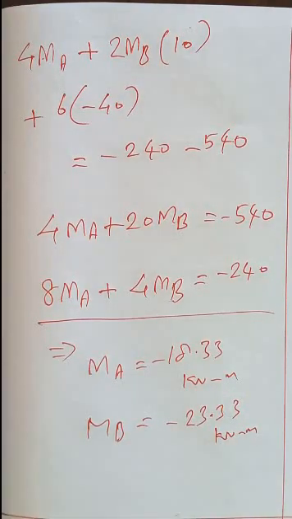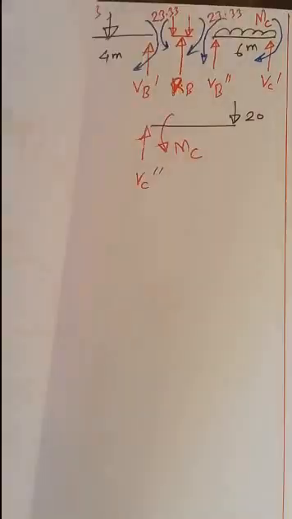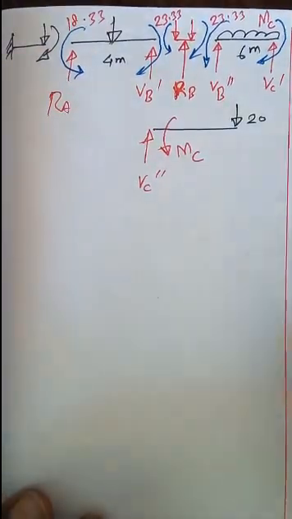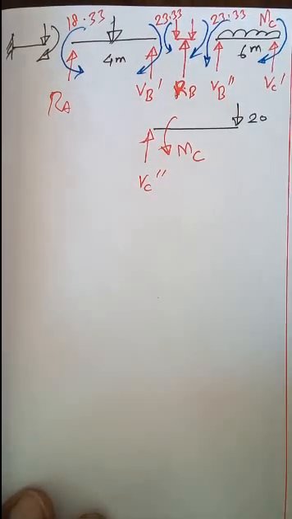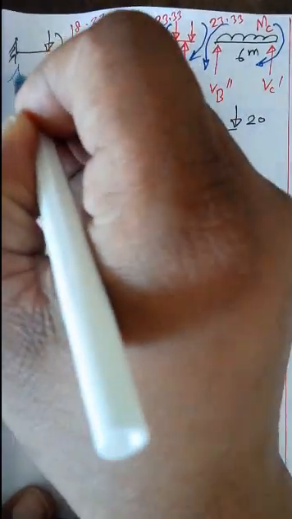Once you are done with the support moments, then we have to calculate the reactions. How to calculate the reactions? For that we have to draw the free body diagram. So this is the free body diagram of the entire continuous beam. This is the fixed support A. Then you cut a point here.